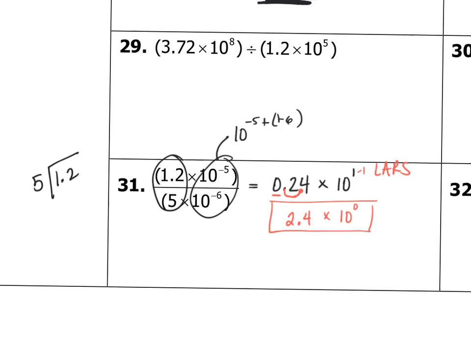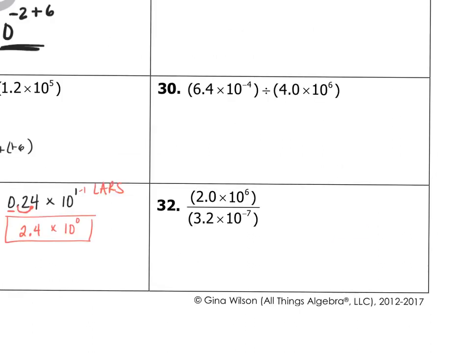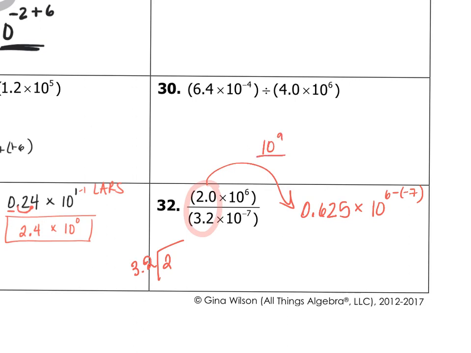Last division one, again, you will divide 2.0, so 2 divided by 3.2, which if you do that division, either by calculator or paper pencil, you will get 0.625, and that's multiplied to 10 to the 6 minus 7, because top minus bottom, 10 to the a over 10 to the b equals 10 to the a minus b.